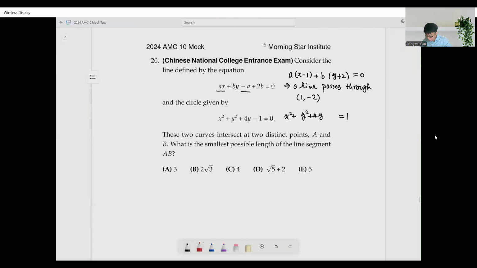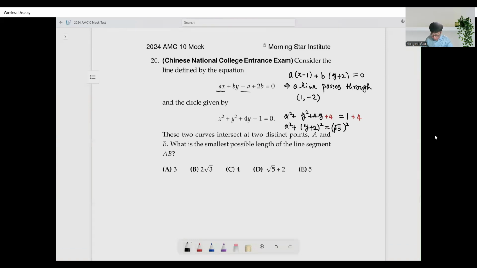Now, in order to complete the square for y, let's add 4 on both sides. In this way, the left-hand side is x squared plus (y plus 2) squared equals 5, which is root 5 squared. That is a circle with radius root 5 with center (0, minus 2).